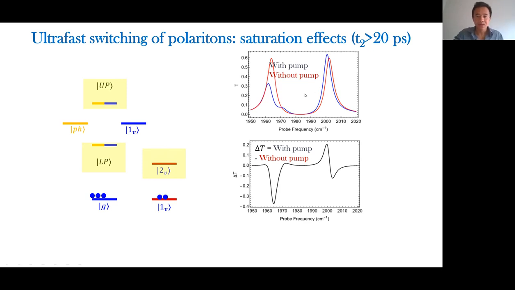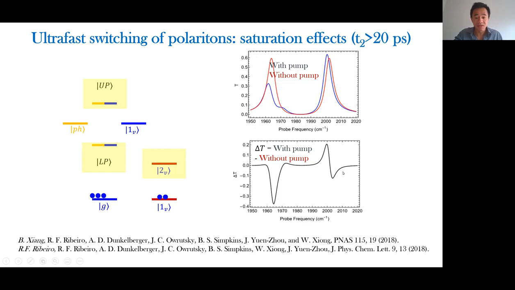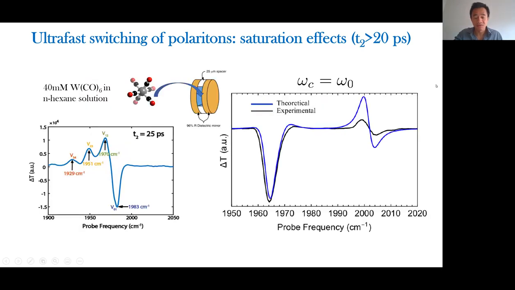And without pump, you only see 2 transitions, which are the upper and lower polaritons, in the absence of Rabi splitting contraction. So in that case, now when you subtract the blue minus the red, you have 5 peaks. And this is exactly what you see in the experiment, right? So this is what we see in experiment.